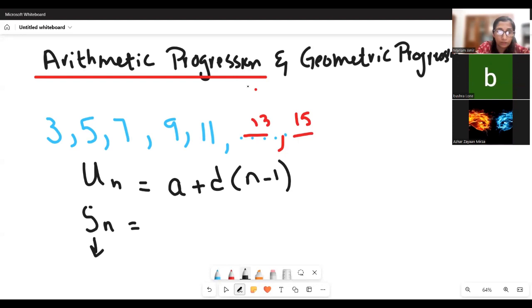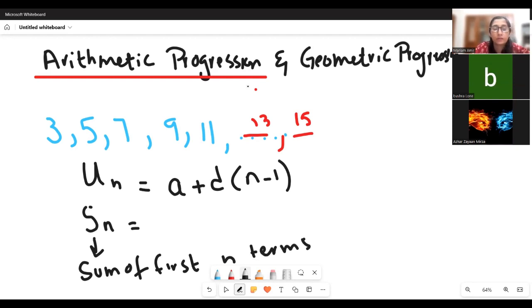Sum of first n terms is half times n times, bracket, a plus l.